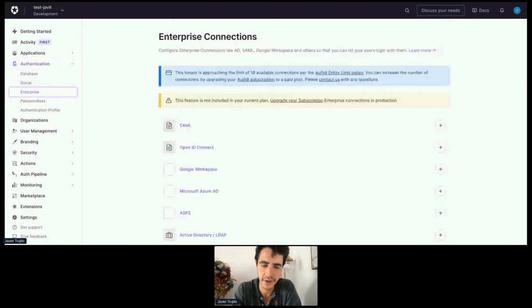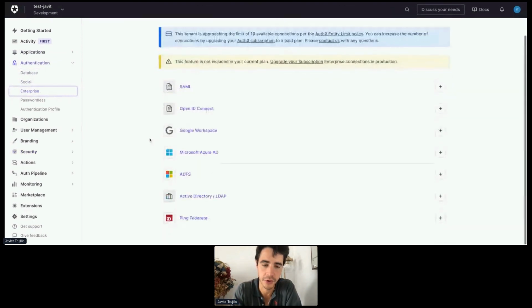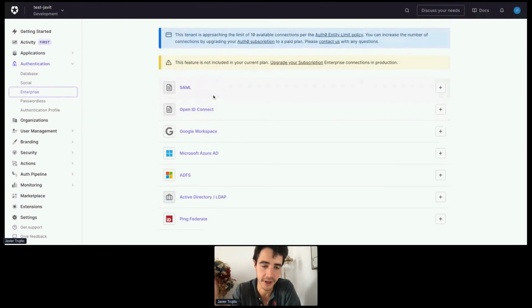This is how, as a customer, you can create a third-party connection to the IDPs, typically via SAML or other protocols, and this way their compliance team can rest assured that the actual management of those identities sits with the company itself.